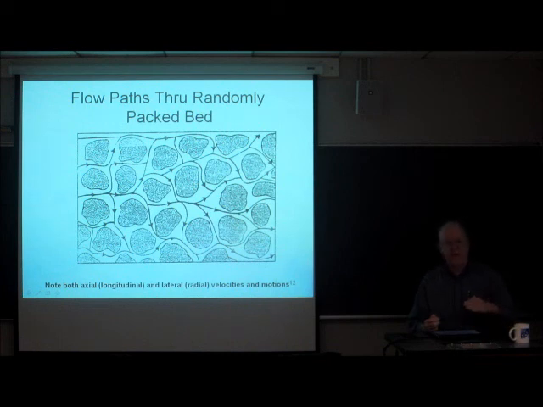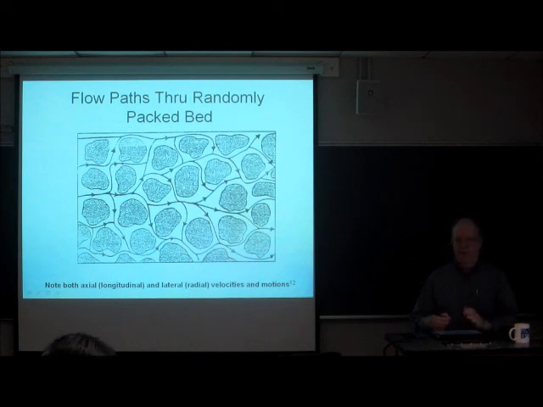The fluid is going to have to be diverted as it hits a particle. It's going to have to flow around the particle, so that there are components of velocity which are in the direction of the exit of the column, but there's components of the velocity that move also laterally. What that means is that they cause mixing.